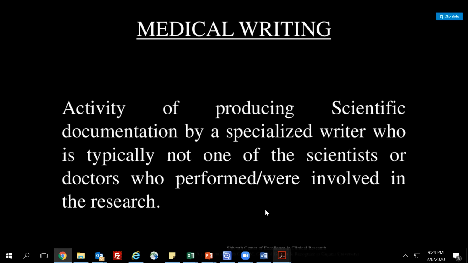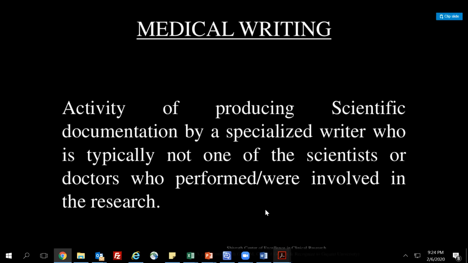So their main goal is to produce scientific documentation. They will be documenting scientifically, but they are not doctors nor scientists. So that is their profession. They use some dictionaries, for example the MedDRA dictionary, and they'll represent the data in a scientific document. They try to use more standard terms, which are used by the WHO or the MedDRA dictionaries.